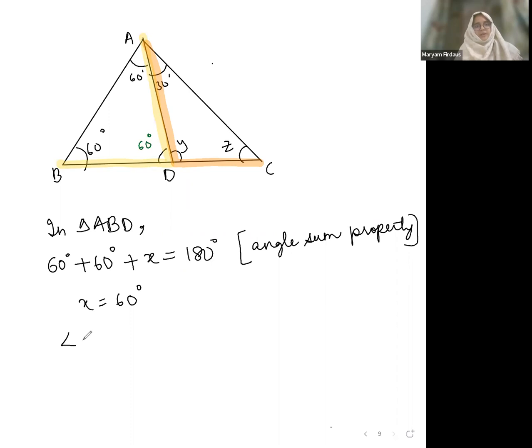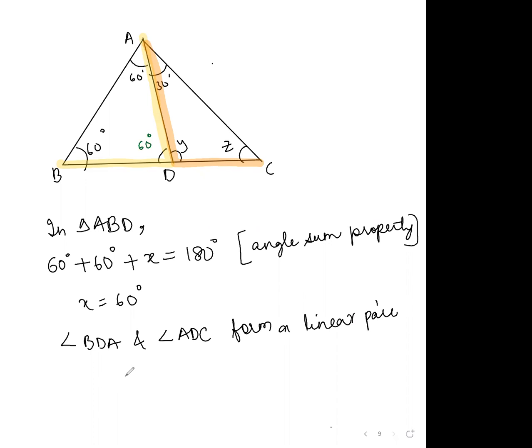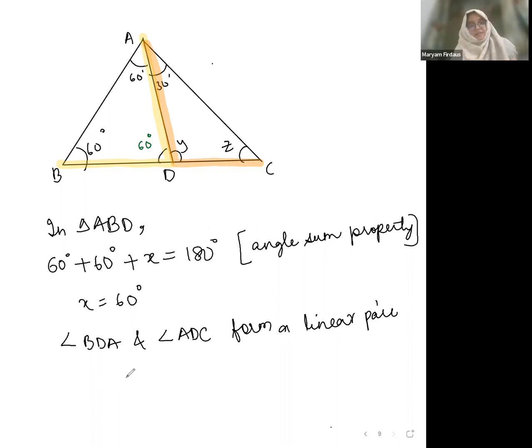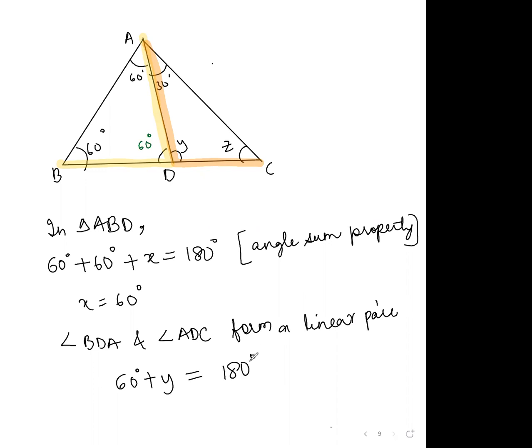Then you will write it like this. Angle BDA and ADC form a linear pair. So therefore, 60 plus y is equal to 180.